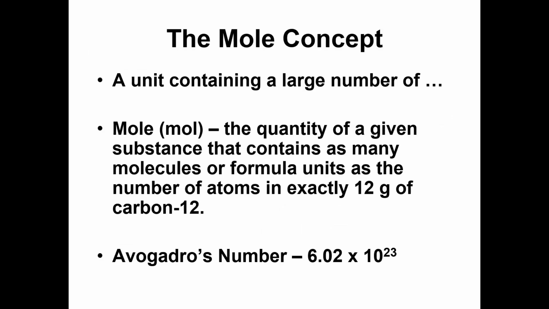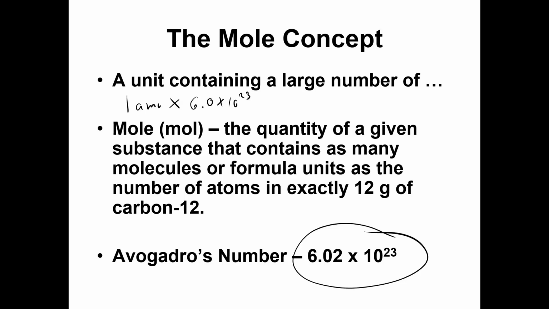Okay, time to talk about the mole. The mole is nothing but a number. It's just some number, okay? Just like a dozen donuts is 12 donuts, right? So it's just a number, and this is it here. And the reason for that is that if you have 6.02 times 10 to the 23 protons, let's say 1 AMU is a proton, then that turns out to be 1 gram.